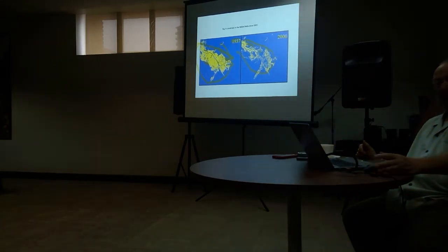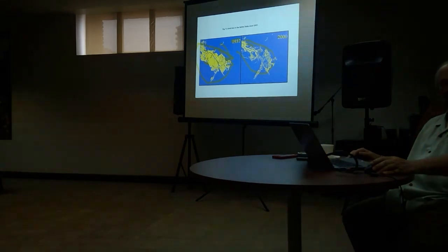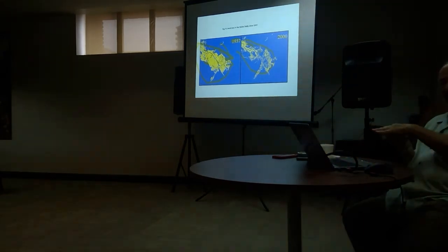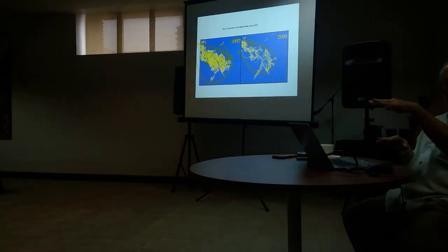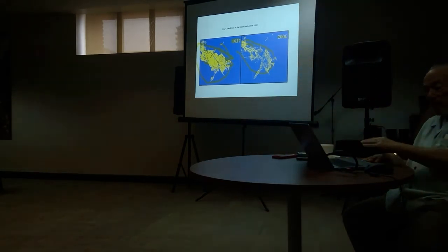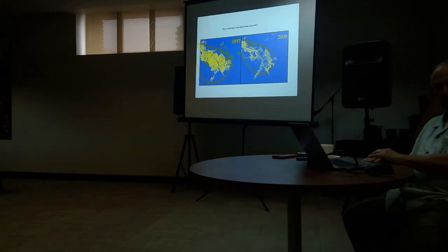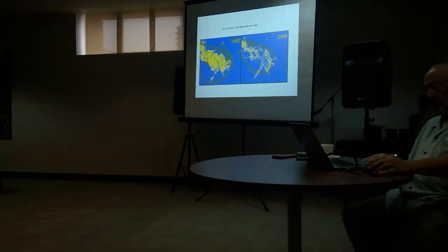And in another 10, 20 years, this will be completely submerged, and you'll get finer grain, more mud on top of that, too. So that's an example of transgression and how it operates in this sort of a setting.